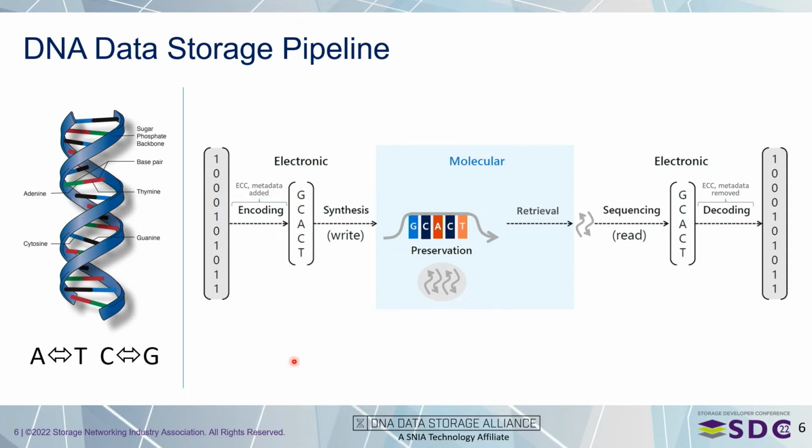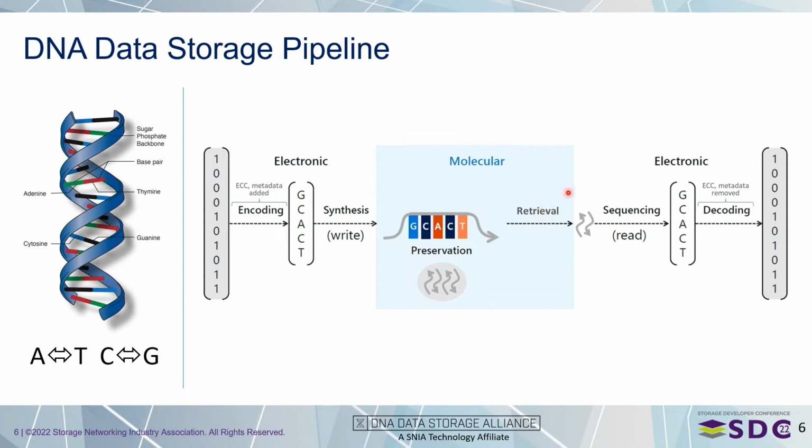So this is our building block, and in concept, DNA data storage is very simple. The devil is in the details making it work, but we take digital bits and files, and we encode them into this language of A, T, C, G, because DNA in our bodies is a storage and encoding mechanism. So we encode the ones and zeros to the bases, then we build a molecule from those bases and store it.